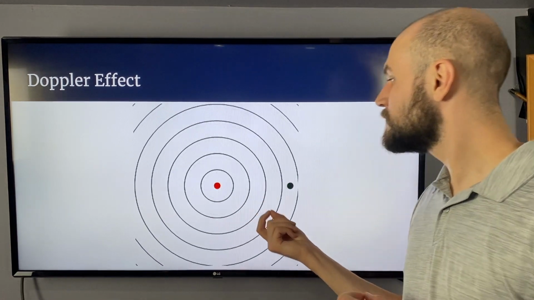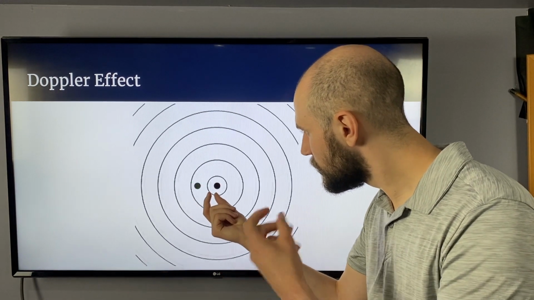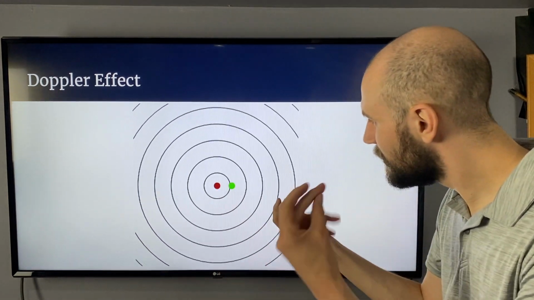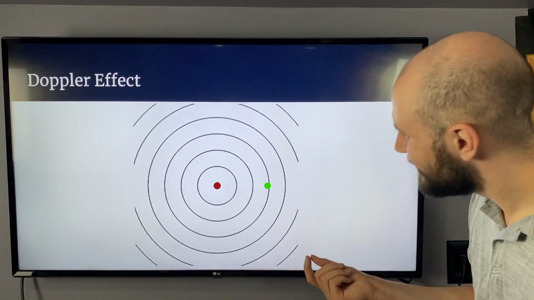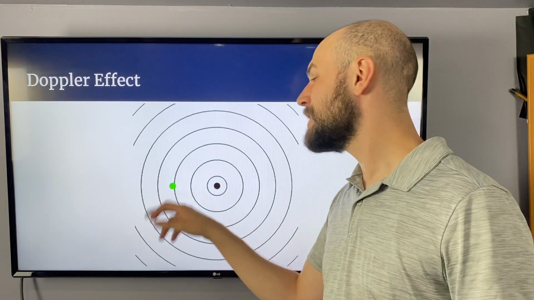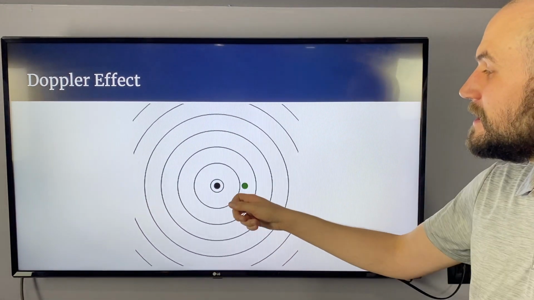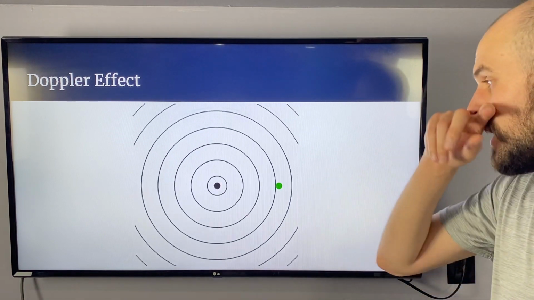But then as it moves away from the red, it experiences them at a lower frequency. There you go. So the green would also experience a Doppler effect here, experiencing a higher frequency as it heads in and a lower frequency as it heads away.